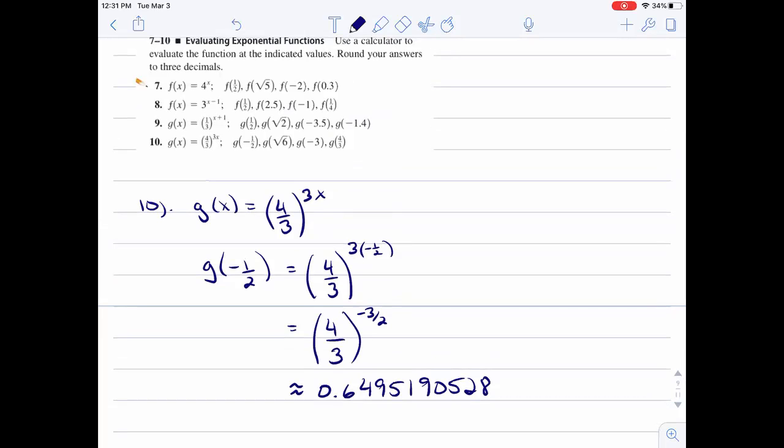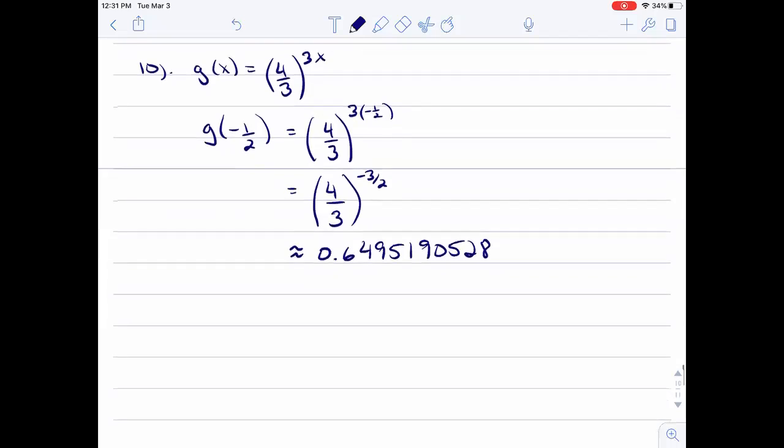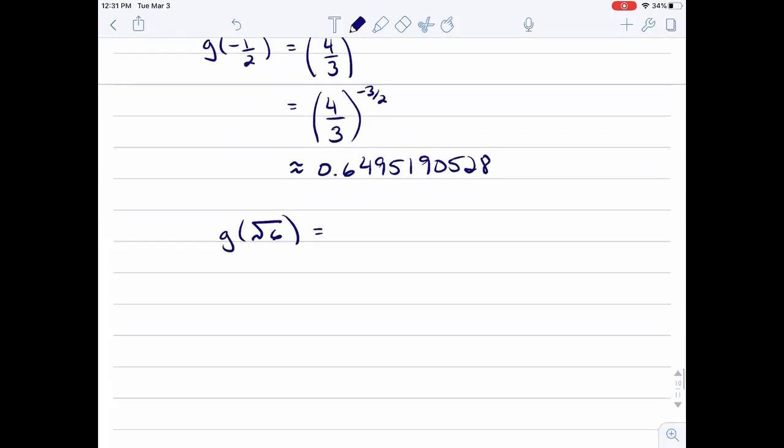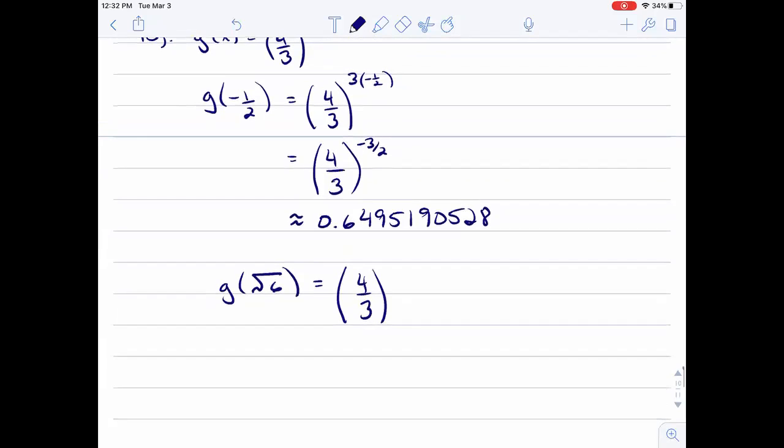Let's just do g of √6, and then I'll assume that you know how to work your calculator with this stuff, but make sure you get it under control. So (4/3) to the power of 3√6.